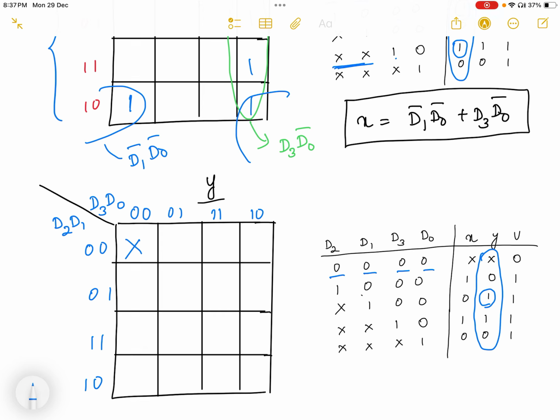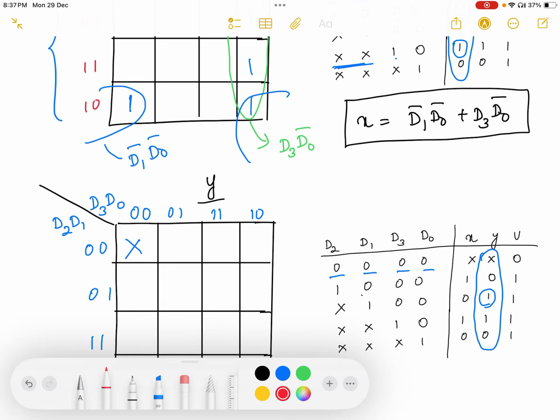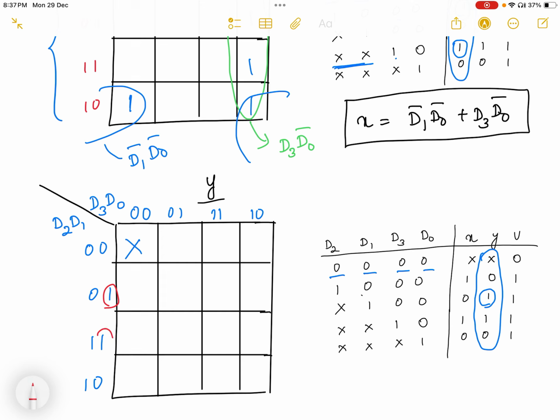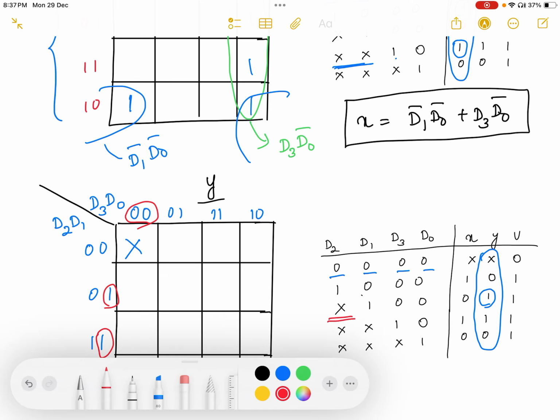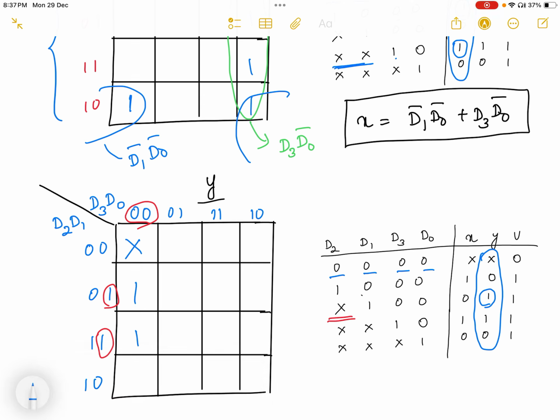For that, D3, D0 will be 0, 0 and D1 will be 1, and D2 can be anything. So basically I'm getting 1 here and 1 here.